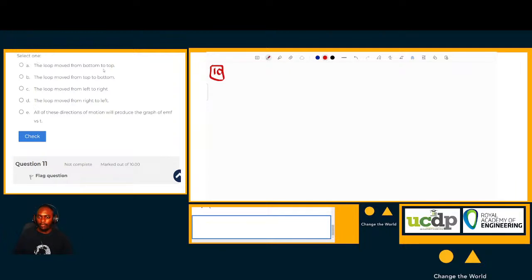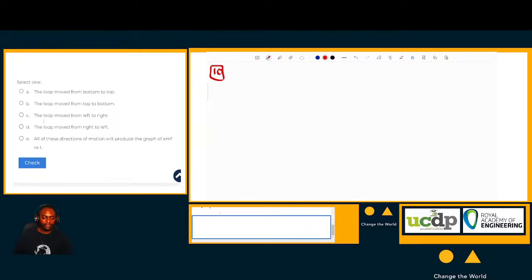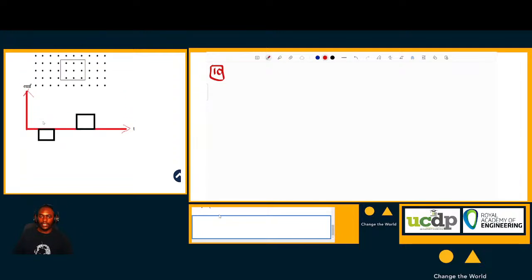The first one, the loop moved from bottom to top. The loop moved from top to bottom. The loop moved from left to right. The loop moved from right to left. All of these directions of motion will produce a graph of EMF versus t. So this is the graph.